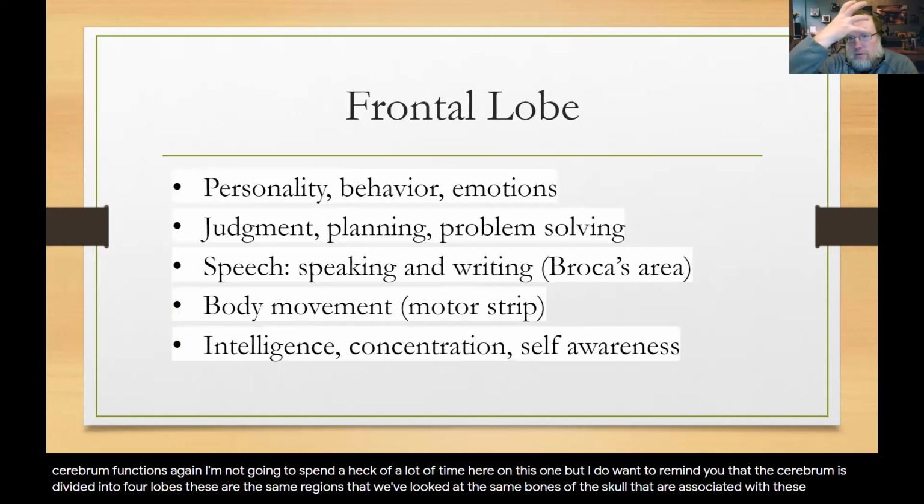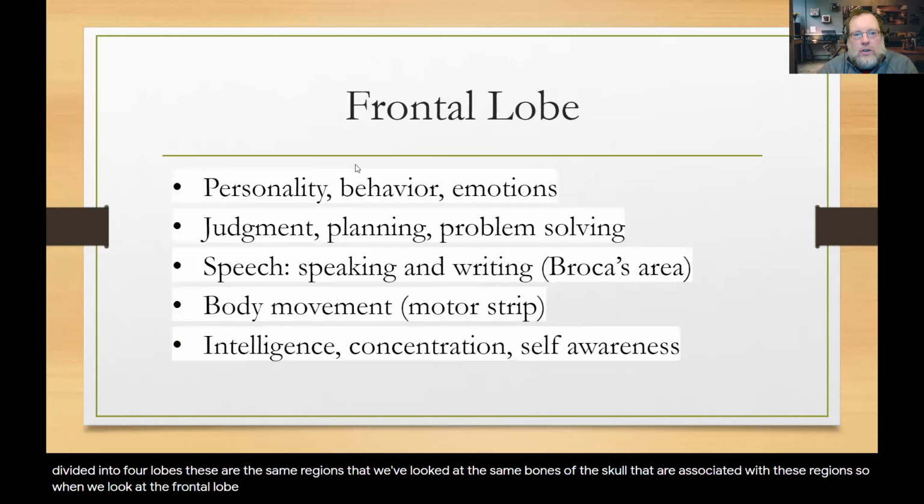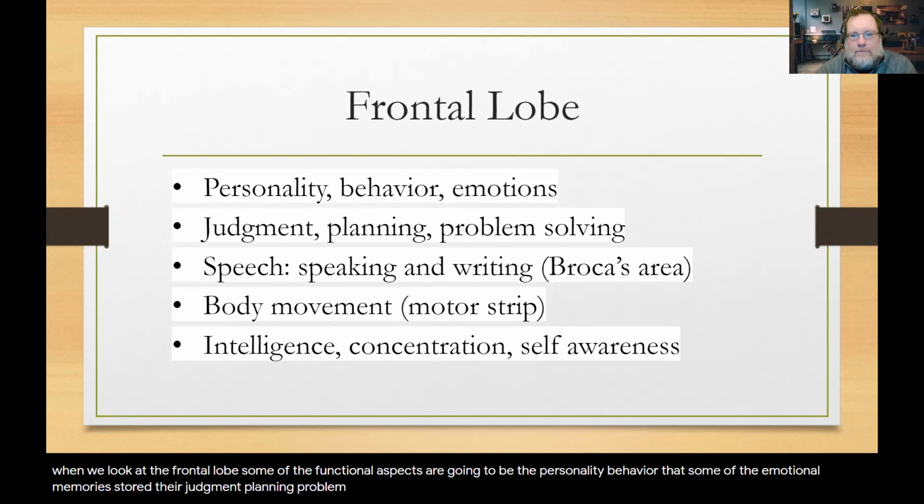So when we look at the frontal lobe, some of the functional aspects are going to be the personality, behavior, some of the emotional memories stored there, judgment, planning, problem solving, kind of what we call the pre-central gyrus, or kind of where the frontal starts to meet the parietal, but still part of the frontal.